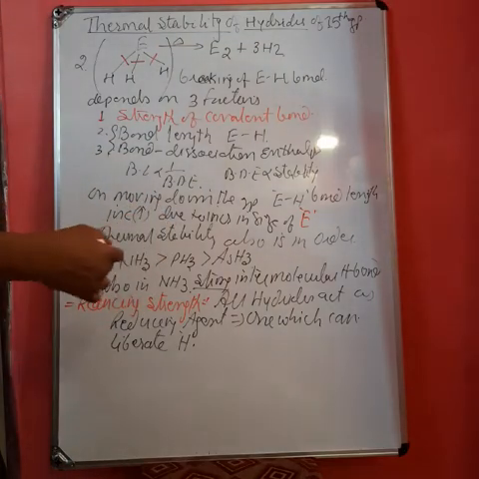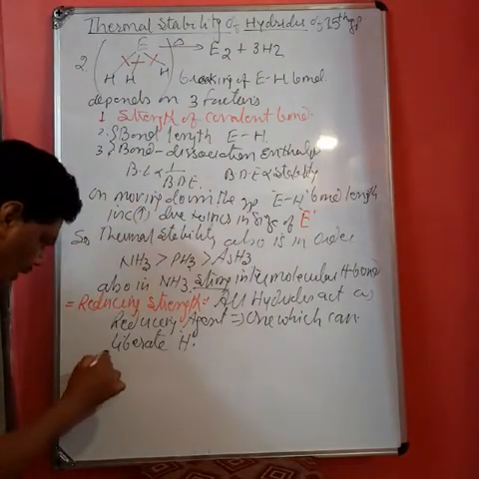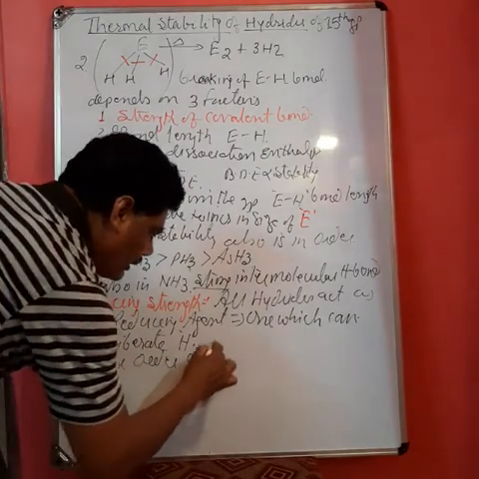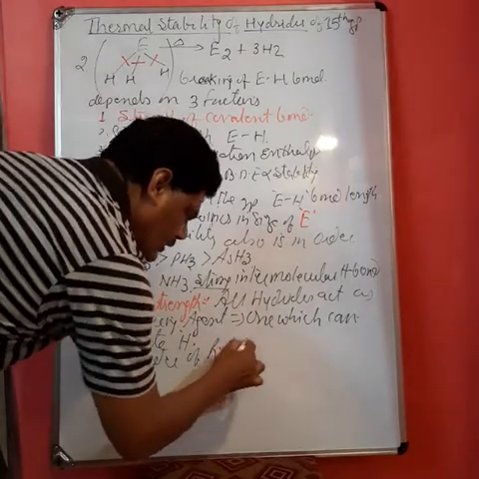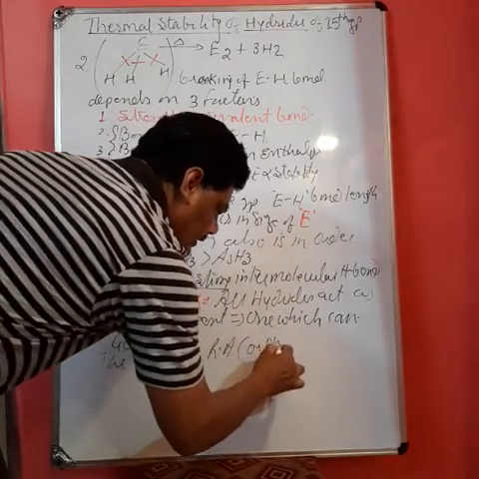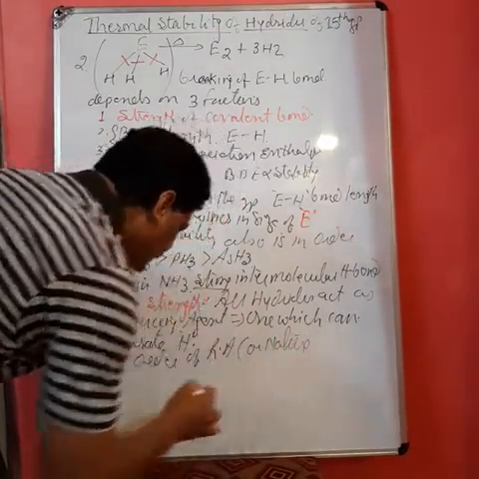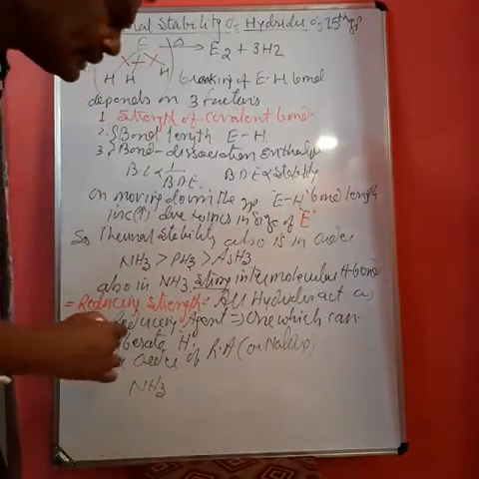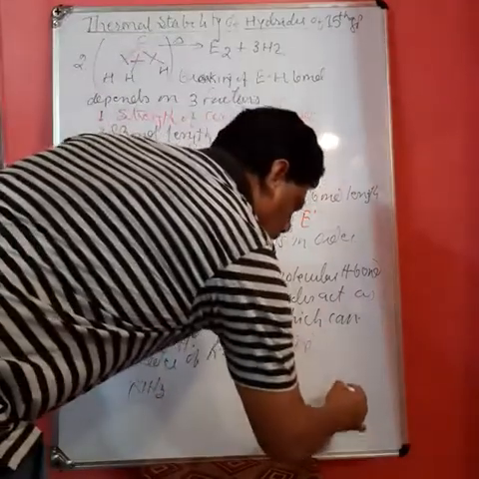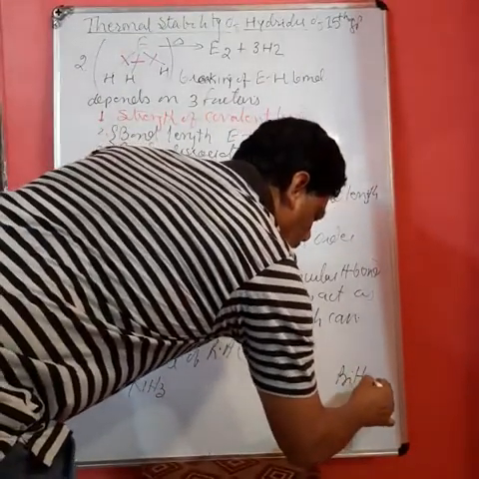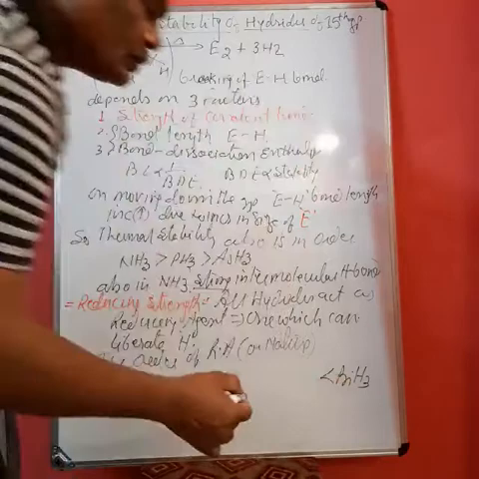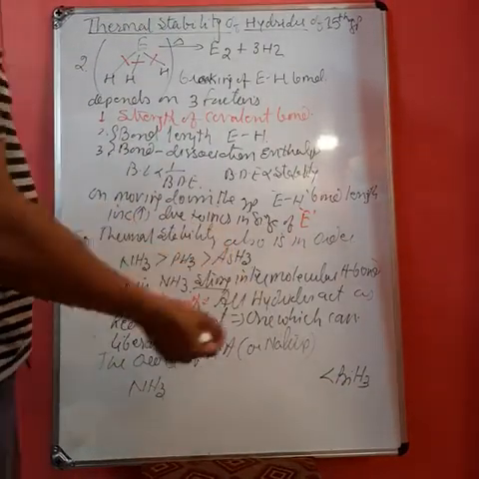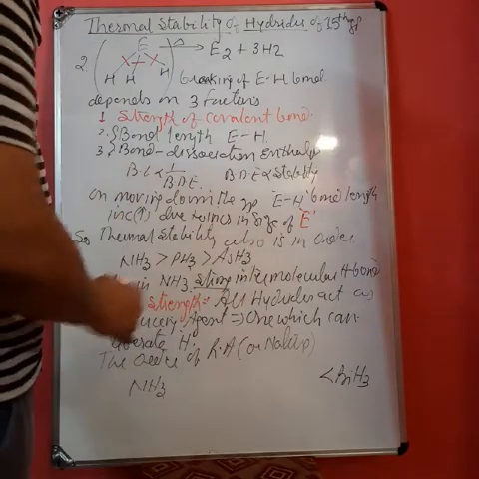Now we can view the order of reducing nature. Ammonia is the weakest reducing agent, while BiH3 will be the strongest reducing agent, because it can very easily liberate hydrogen.